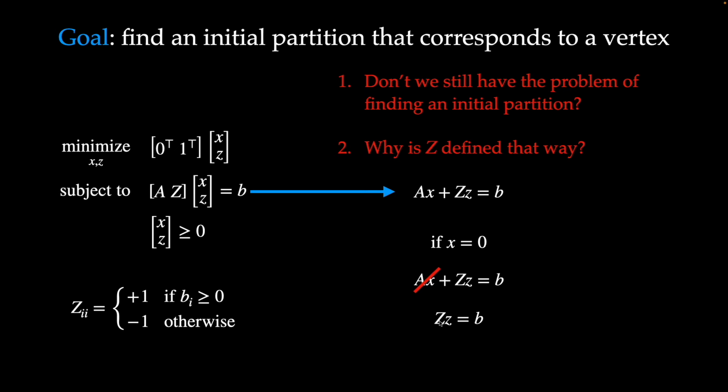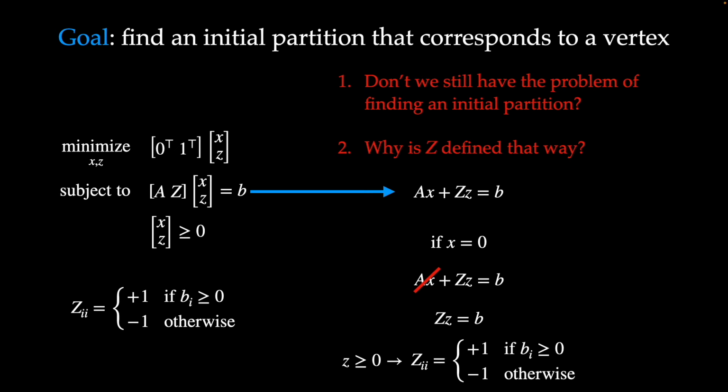So in order for this equality to hold, we need another degree of freedom available to z. And that's why we introduced this Z matrix that has negative components in it, to give z that freedom in order to make this equality exact. Okay, so if z is greater than or equal to 0, we need some way to make this equality hold if b is negative. And that's where our Z matrix comes in. Okay, so that answers the second question of why is Z defined that way.